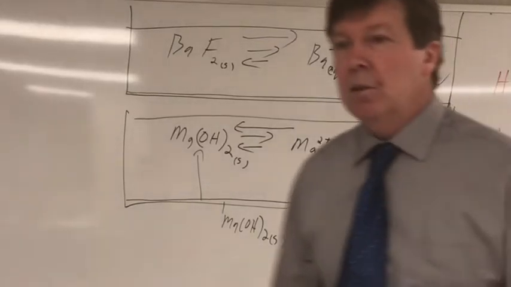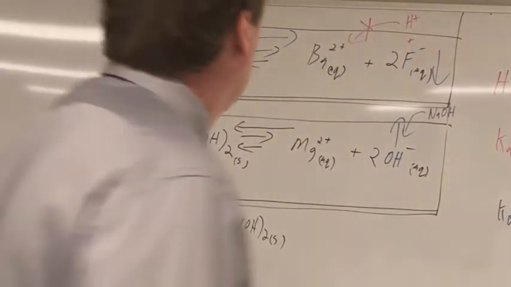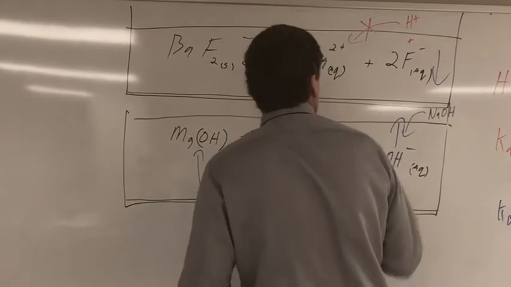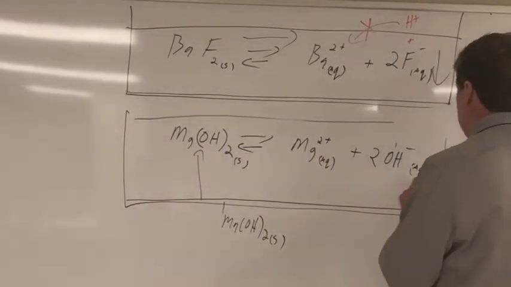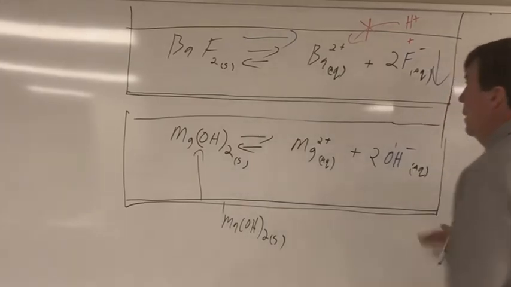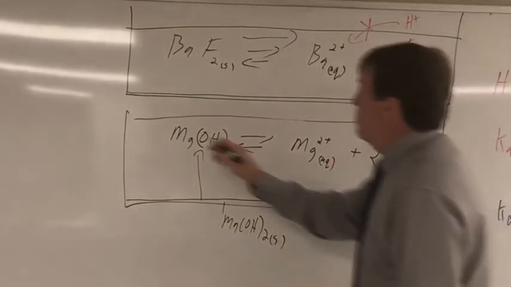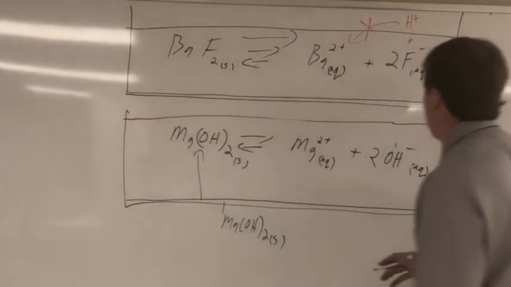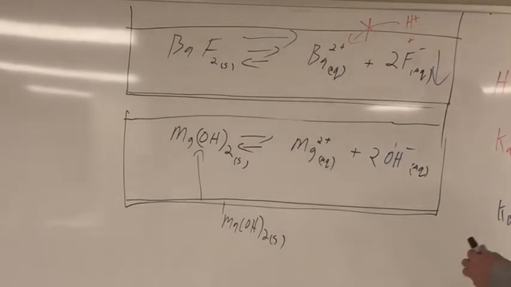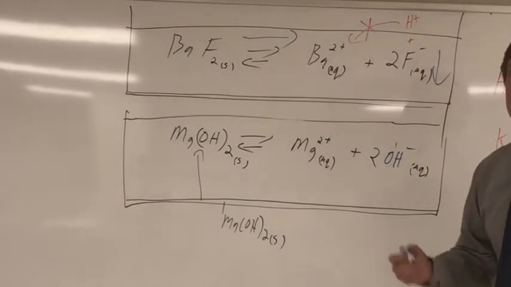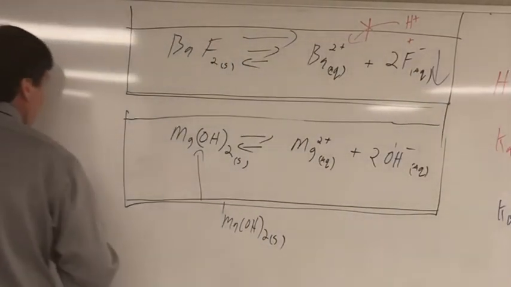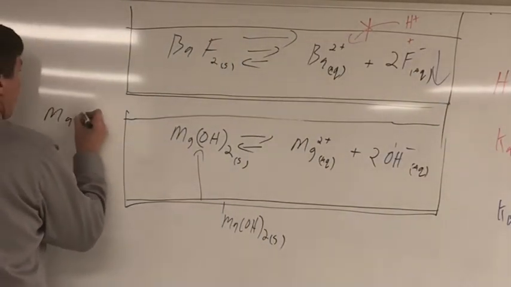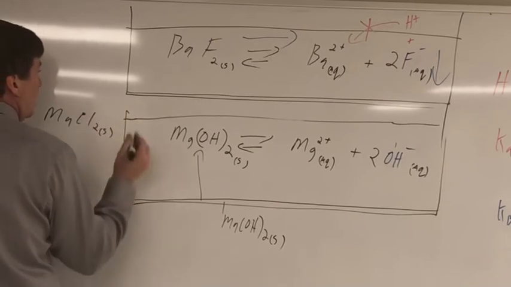Let me grab this. Let's start over here. We're considering the same substance, the magnesium hydroxide. What if we add magnesium chloride? So there's our magnesium chloride salt.